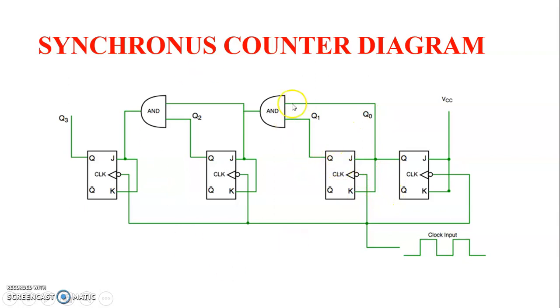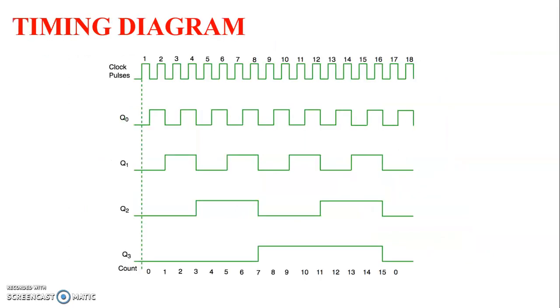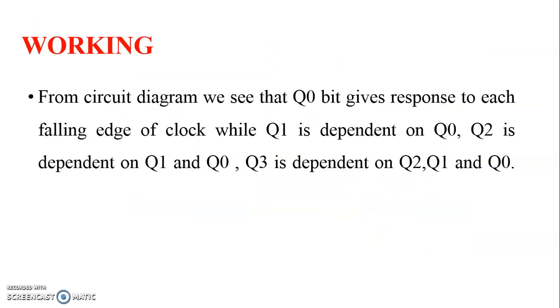This flip-flop is dependent on Q2. This flip-flop depends on the output from the AND gate. In this manner, the synchronous counter will produce the output.